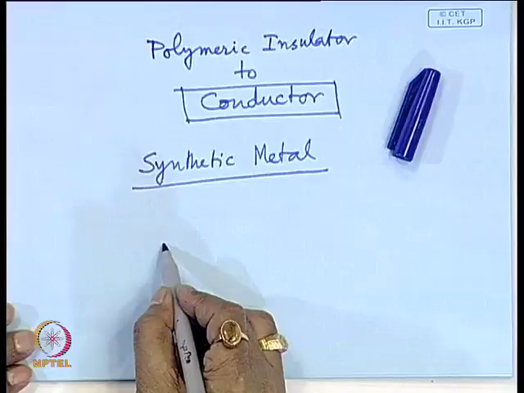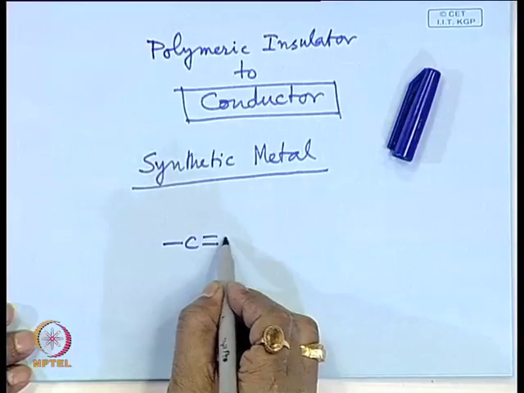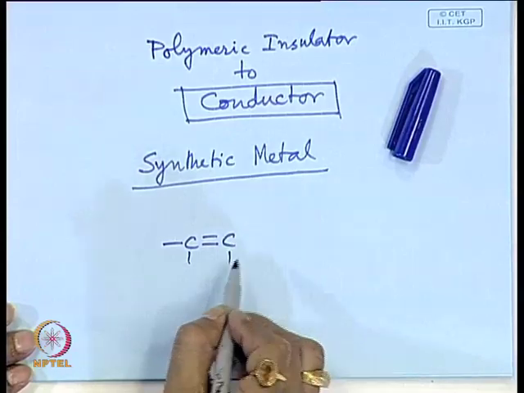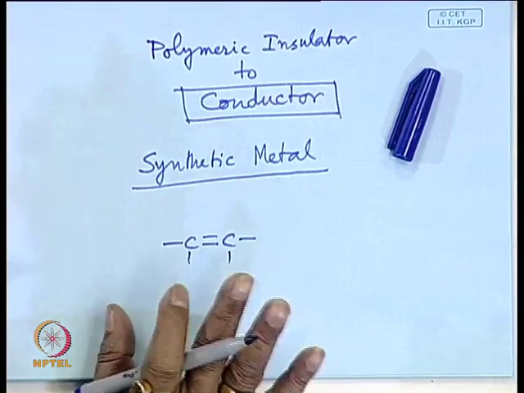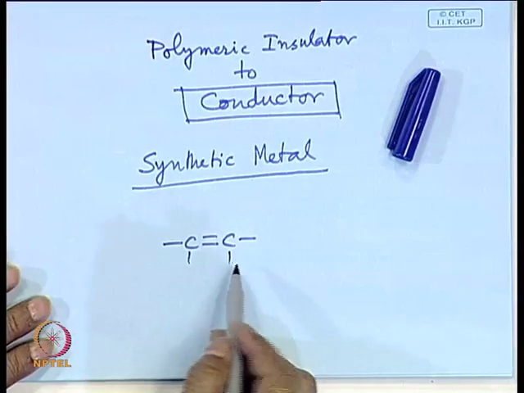But if we can make a polymer from ethylene, hypothetically, like this, we do not know what that molecule is.